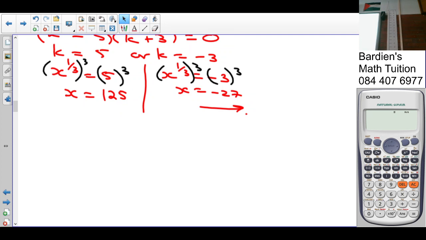Okay, in exercise 1.7, see number 1 here, the sum is already factorized. Can you see that? So here we can just say simply that x to the half is equal to 3 or x to the half is equal to 2. Then you solve for x. Can you see that, people?